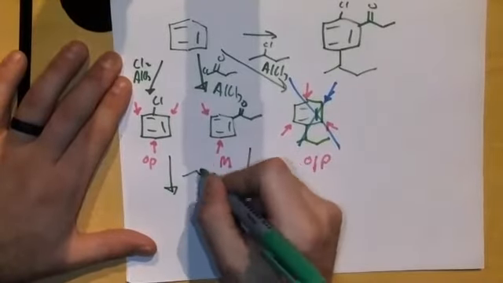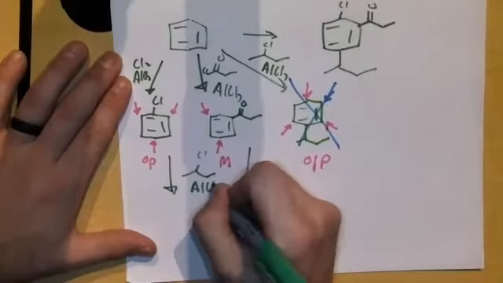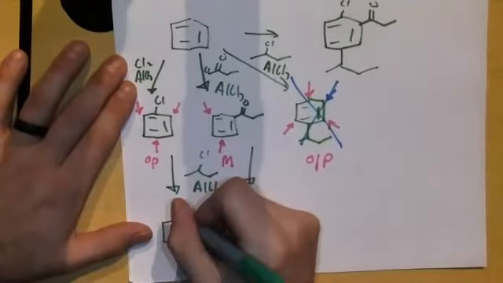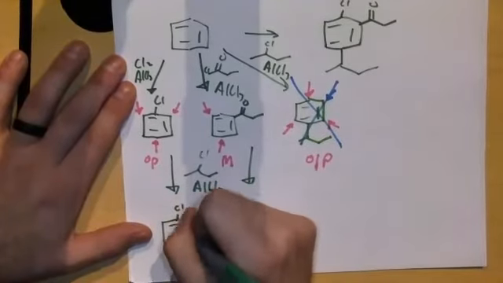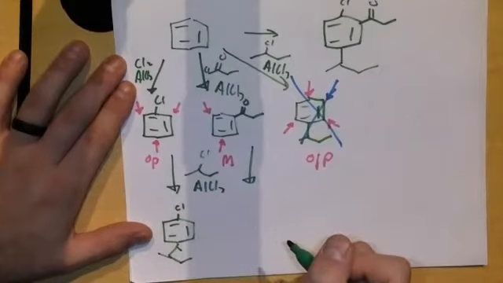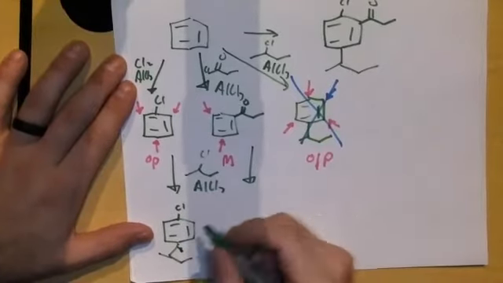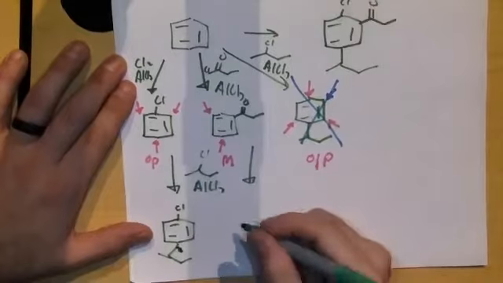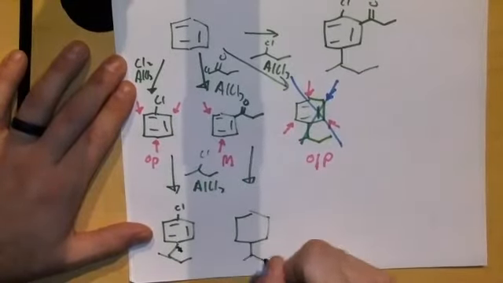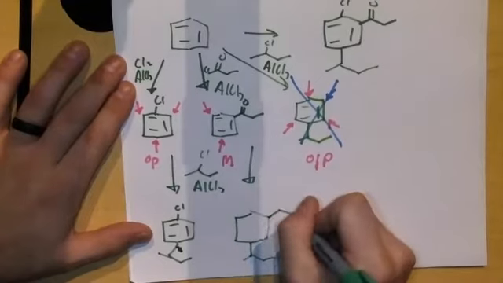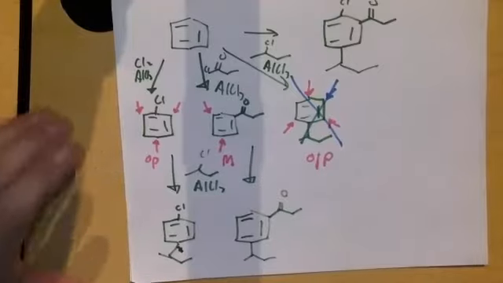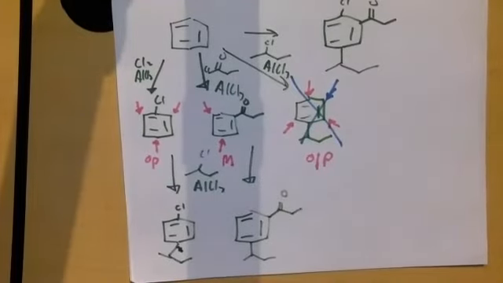So throwing in AlCl3 would get us these two pathways here.